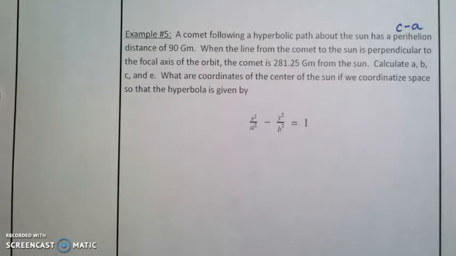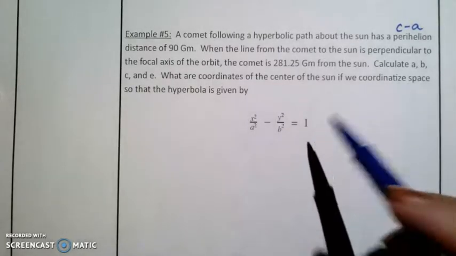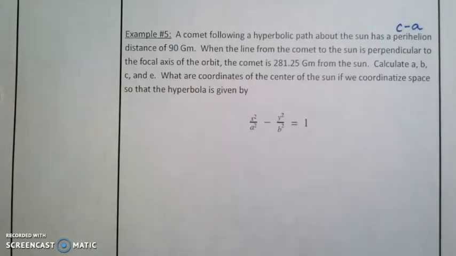When the line from the comet to the Sun is perpendicular to the focal axis of the orbit, the comet is 281.25 gigameters from the Sun. Calculate a, b, c, and e. What are the coordinates of the center of the Sun if we coordinatize space so that the hyperbola is given by this? Okay, a couple things to notice.